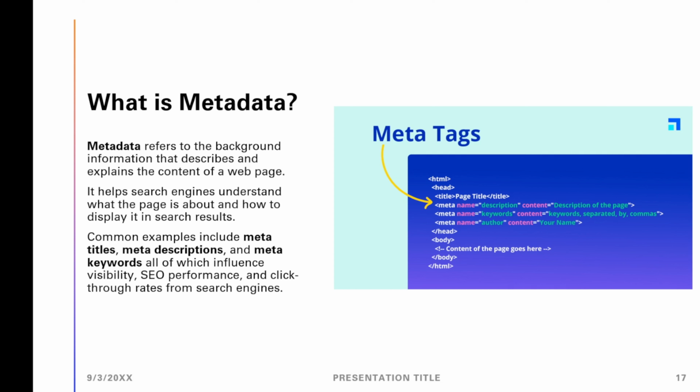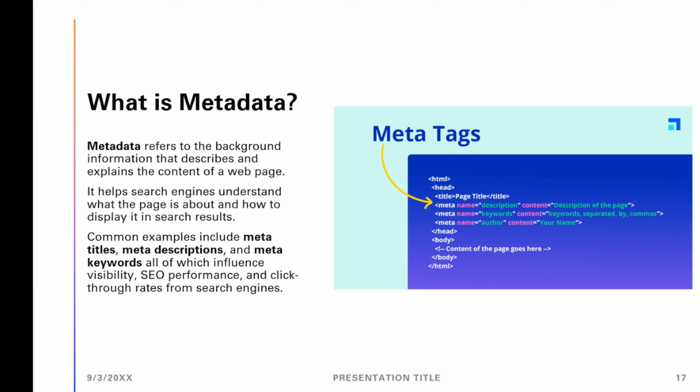Metadata can come in different forms. A typical example of metadata is the meta title, meta description, and meta keywords, which is out of date now because search engine algorithms do not really look at the meta keywords anymore. However, it is an example of metadata.